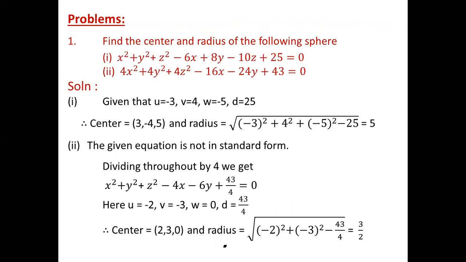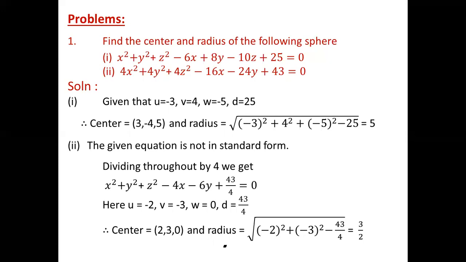The first problem is to find the center and the radius of the following sphere. The first one is x² + y² + z² − 6x + 8y − 10z + 25 = 0. Now we know that the standard form of the equation is x² + y² + z² + 2ux + 2vy + 2wz + d = 0.